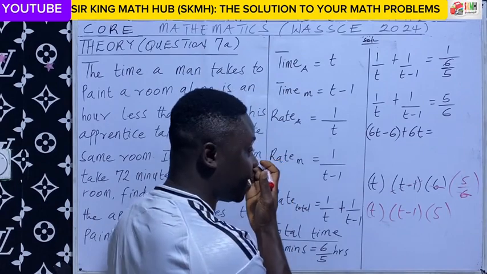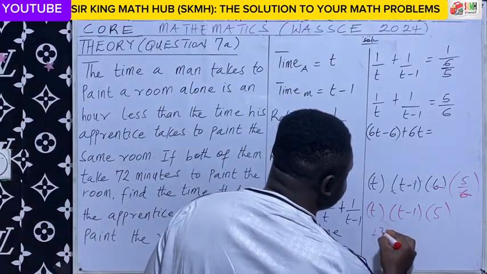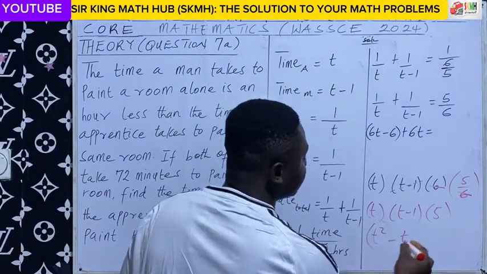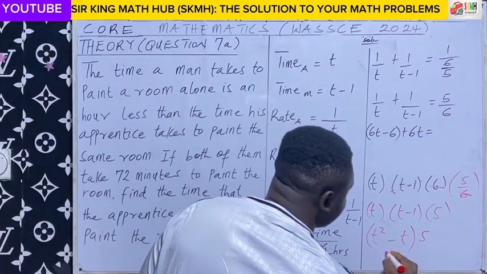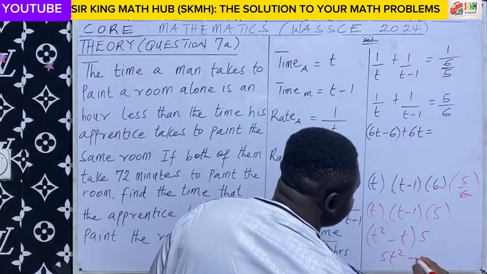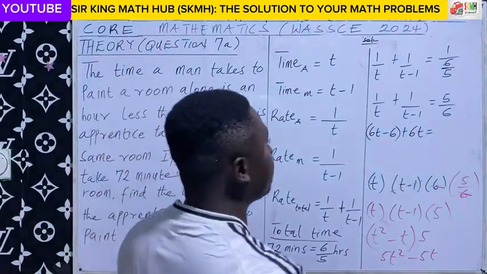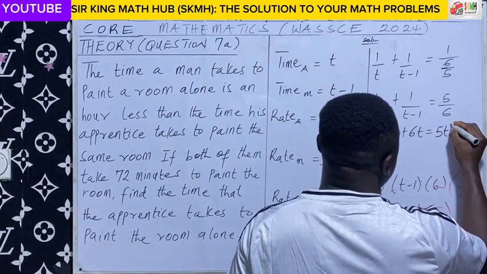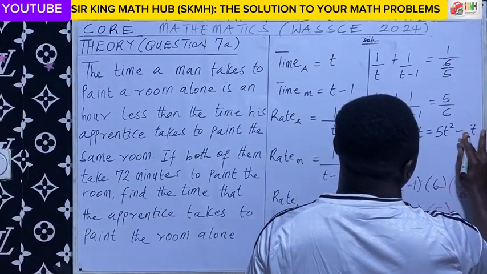So let's simplify. t times t, that should give us t squared, and then t times negative 1, minus t, and then everything multiplied by 5. So when you expand, we are going to have 5t squared minus 5t for the last term.